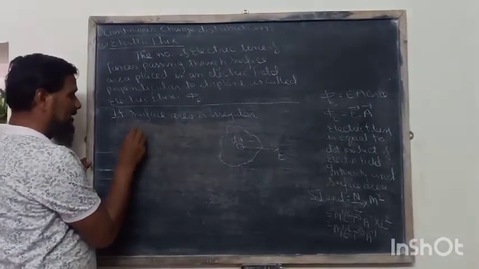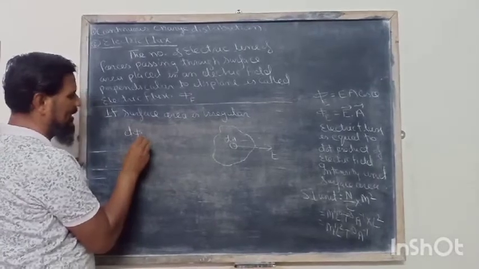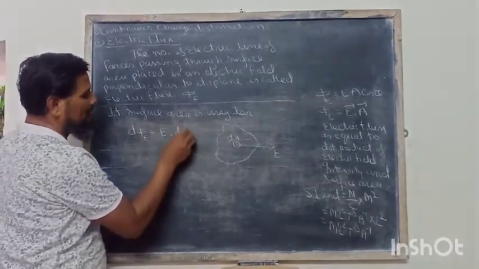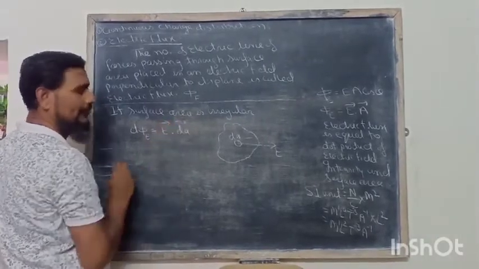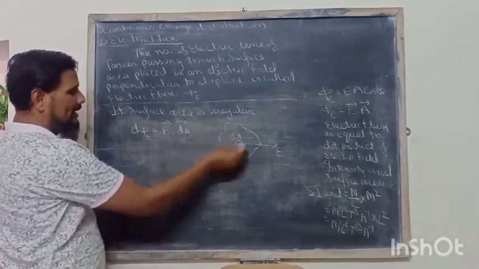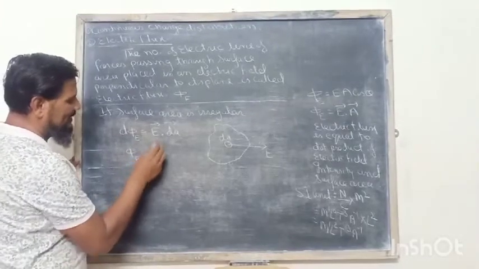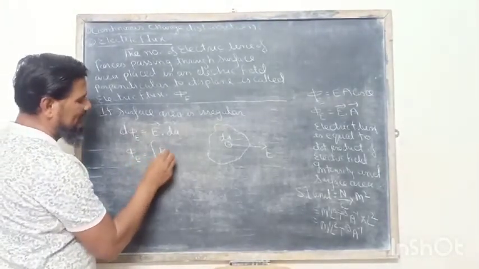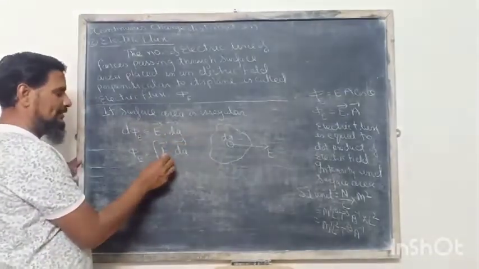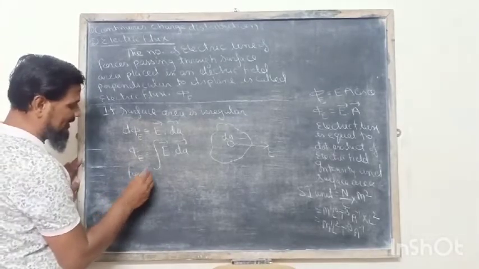Then the electric flux corresponding to this area element can be expressed as d phi E is equal to E dot dA. This is the small area element considered, and for the whole irregular surface, phi E is equal to the integral of E dot dA, the dot product of electric field intensity and area element.